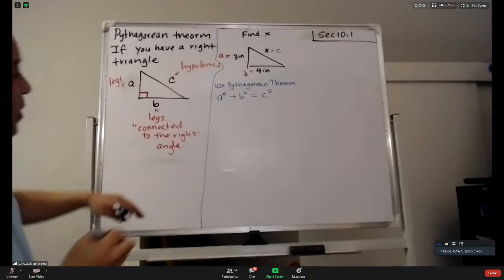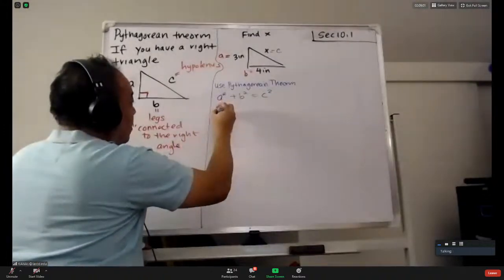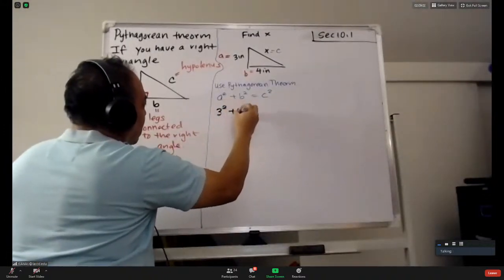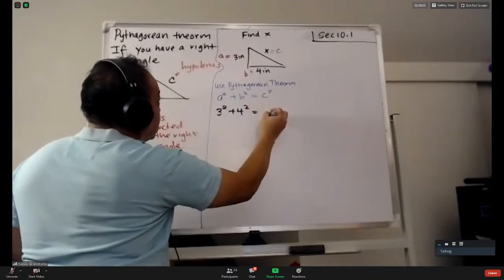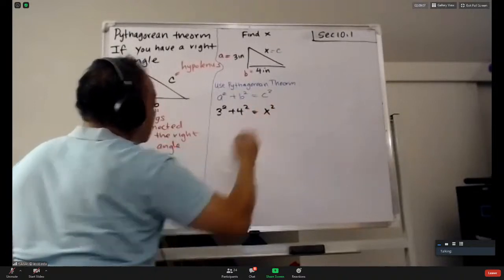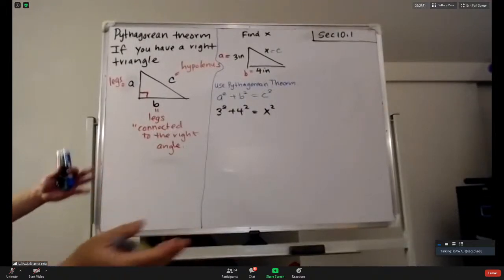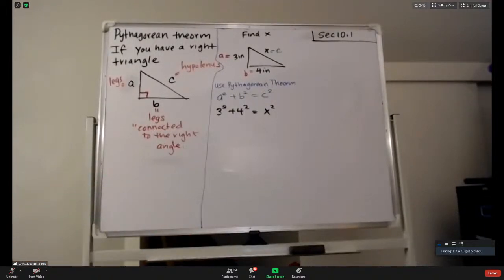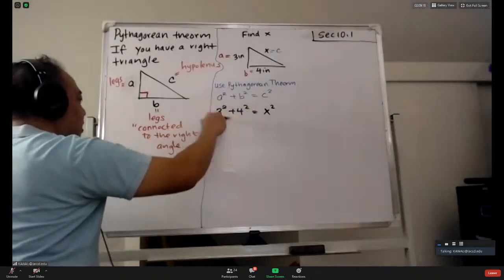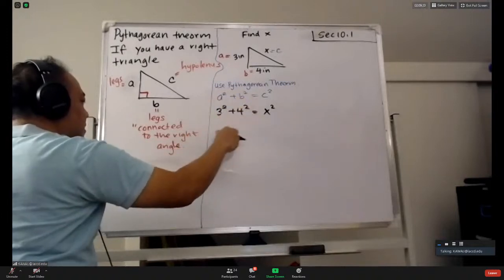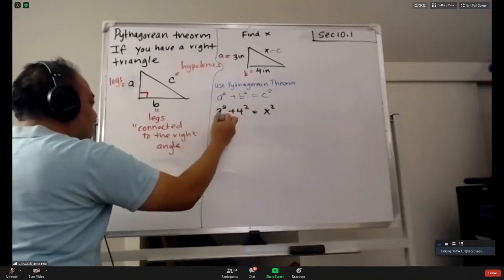So then I'm just going to plug in those values. And now what we're doing is just the algebra that we learned before. So let's use order of operations to solve this. So we do exponents before addition.